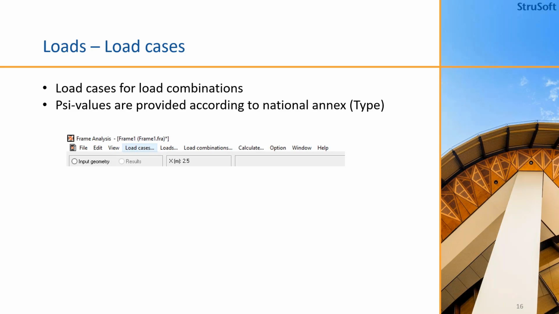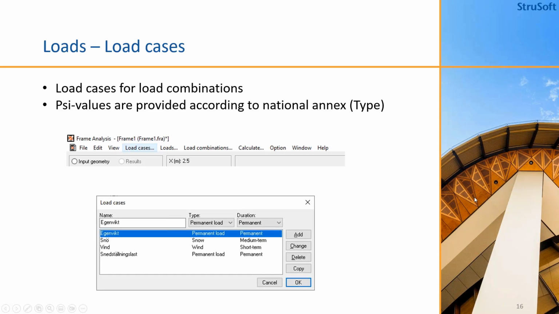When we are defining the loads, we need some load cases, and those are used for the load combinations. And depending on what kind of load we have, we will have different kinds of psi values.